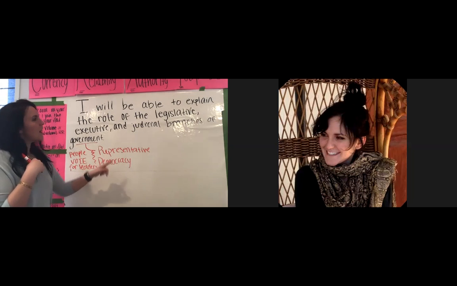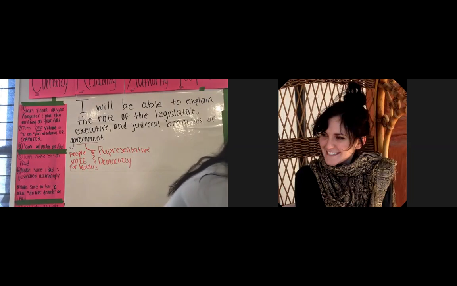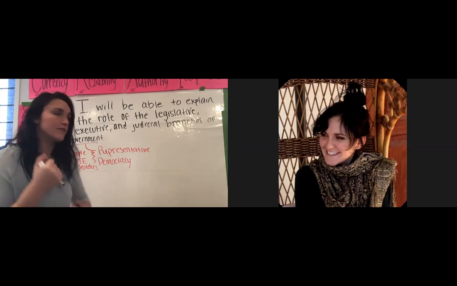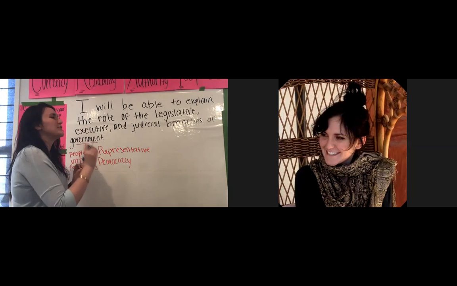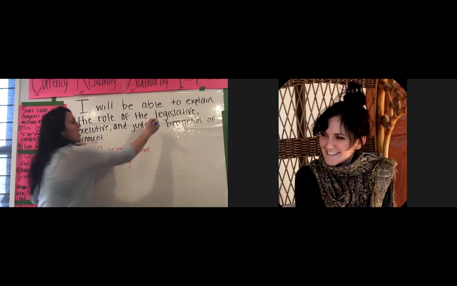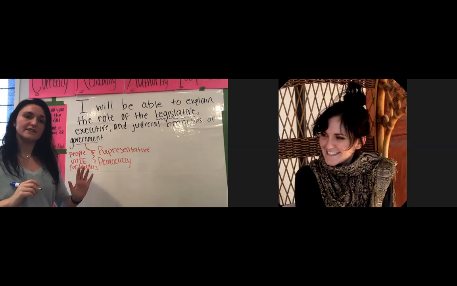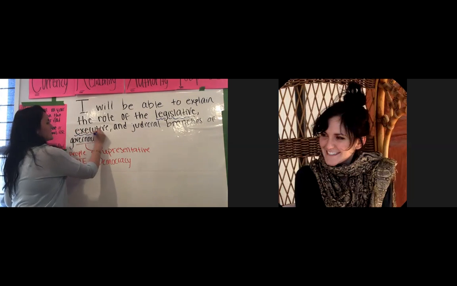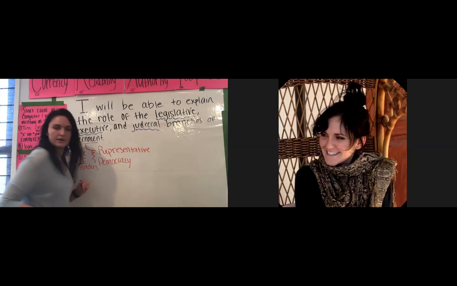So this term government and the type of government we have in the United States, representative democracy, this is probably familiar to us. There are some brand new terms though in this learning target. So let's take a moment to identify those. Our brand new terms in the learning target are going to be legislative. We don't know what that is yet, and that's okay. Executive and judicial.